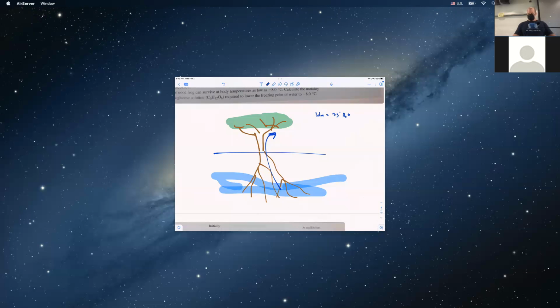So if you wonder how this leaf on the top of the tree gets water, of course it can rain, but trees can also draw water from the ground. How can that water go from the ground up to that leaf? The answer is osmotic pressure. There's a series of channels in the roots and also in the trunk of the tree, and it can draw the water all the way up there. Like I said, osmotic pressure.